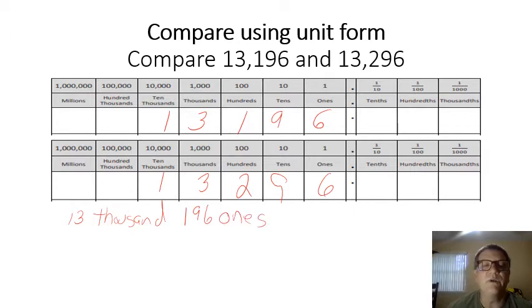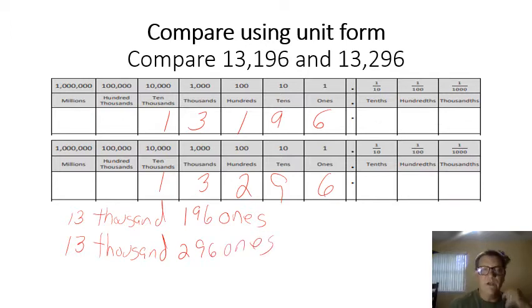Now the second one goes 13,000, and I read it's going to be 296 ones. Now if you notice, the unit form really helped us see it. And we can see the bottom one is greater.